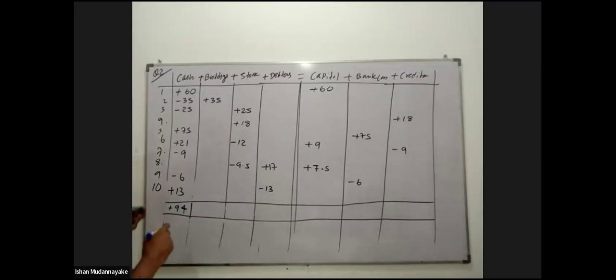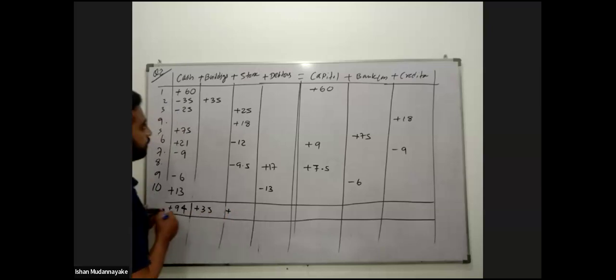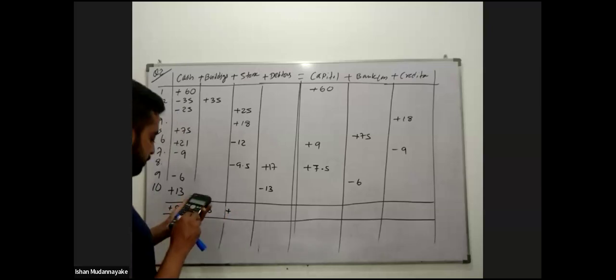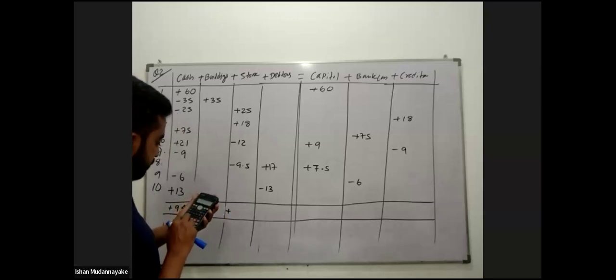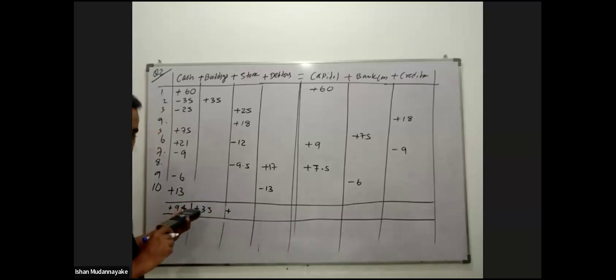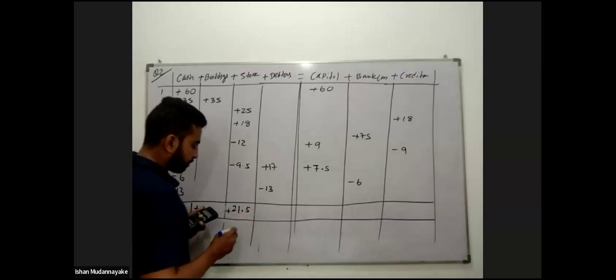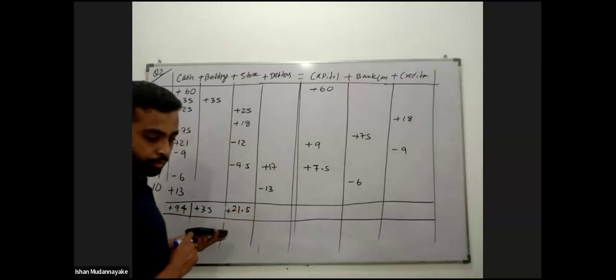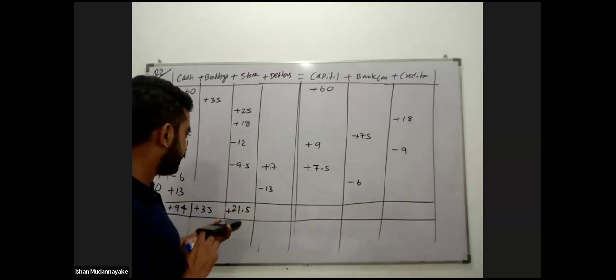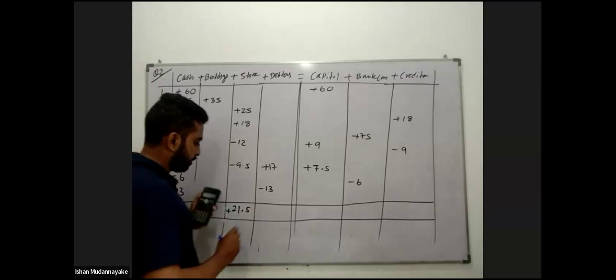And then building 35. Stock, how much? $21,500. Stock 21,500. Debtors, how much? 4,000.